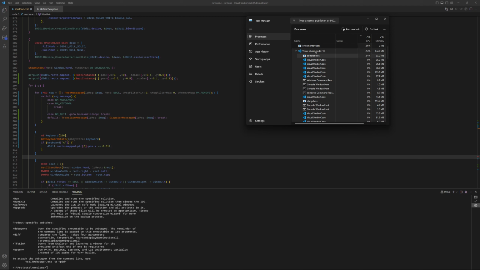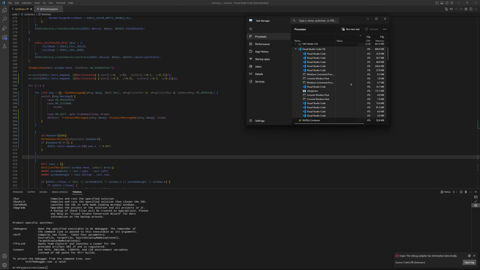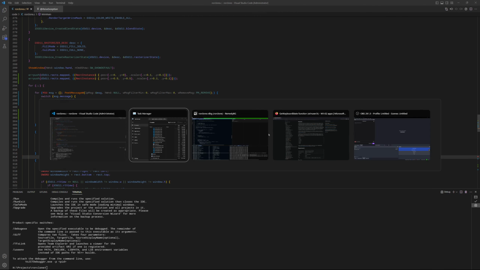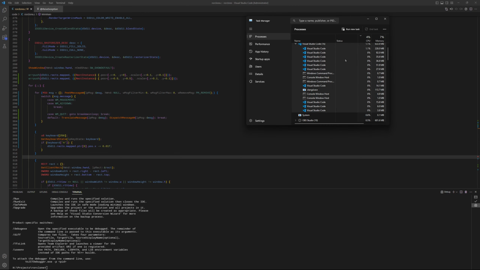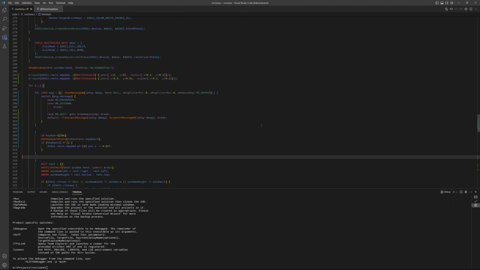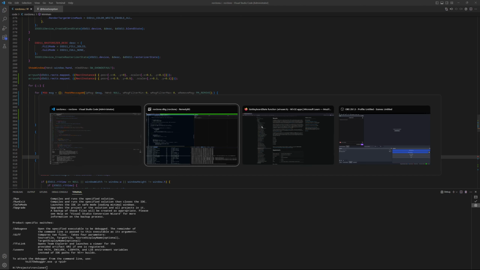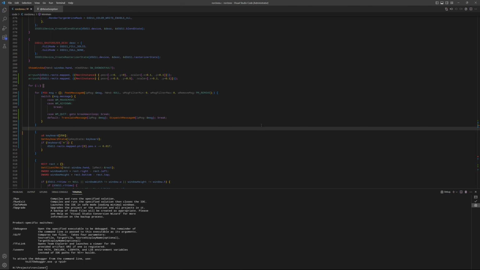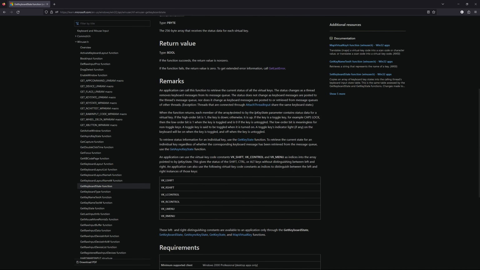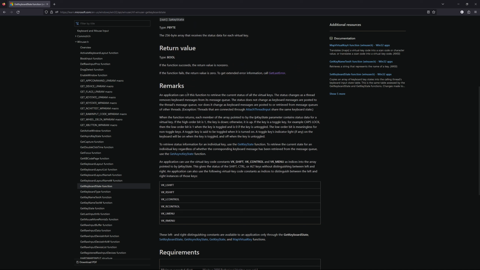CodeLLDB. Okay, well, alright. CodeLLDB, yeah, the debug adapter has terminated. Yeah, that's good. Okay, so what does keyboard state give us again? Current state.